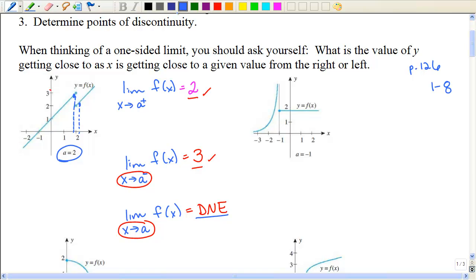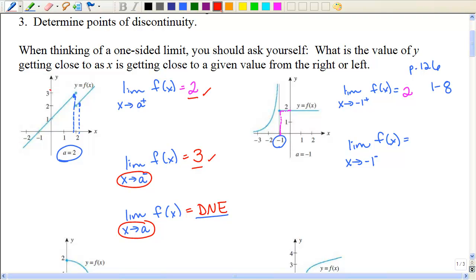Alright, let's look at this one. We have the limit as x approaches -1 from the right-hand side, and we want the limit as x approaches -1 from the left-hand side. Again, the book has drawn us a little line at -1. From the right-hand side, meaning a little bit bigger than -1, we're exactly at 2.